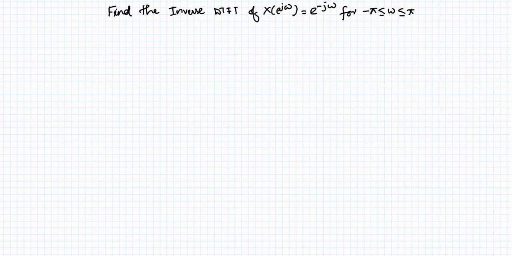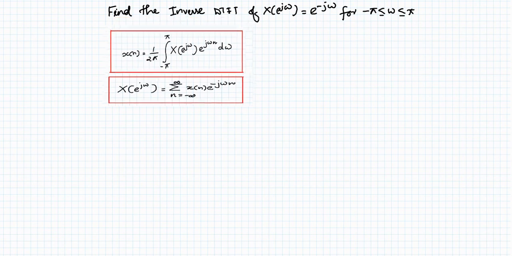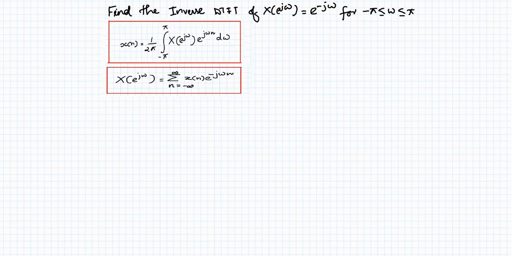Now in order to find out the inverse DTFT, this is a general formula, and this is x of e raised to j omega, that is the formula to find out DTFT, and we need to find out inverse DTFT, that is a signal x of n. So it's 1 by 2 pi integral minus pi to pi x of e raised to j omega e raised to j omega n. In this question this is direct.